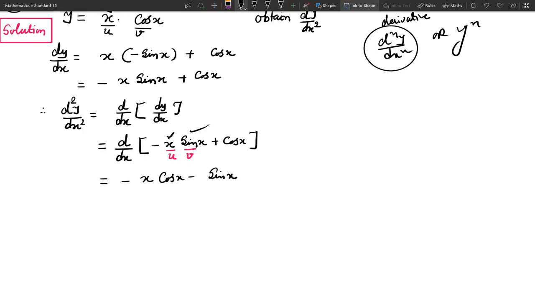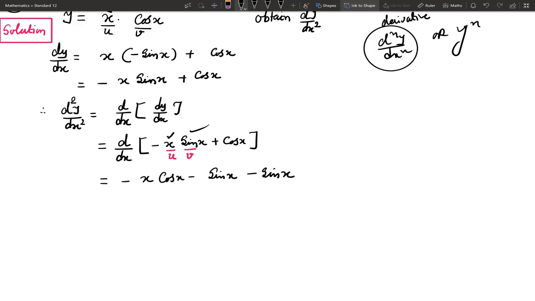So this is derivative of minus x sin x, minus as it is, x as it is, derivative of sin x cos x. Now sin x into d by dx of x, that is 1. Now derivative of cos x, so it is minus sin x.